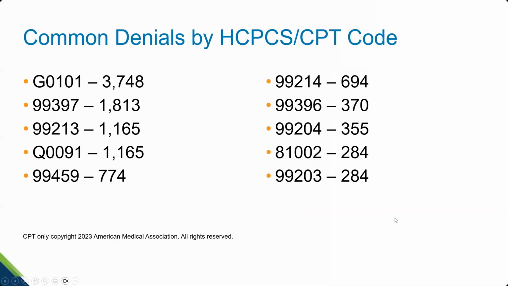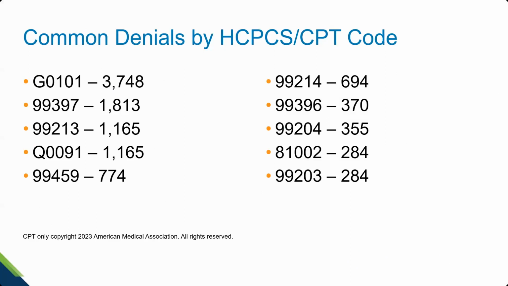All right, here are then the most commonly denied CPT and HCPCS codes for your specialty 16. Hitting the list again, that G0101, Medicare can only pay the screening PEP every 2 years. That's why this claim is denying, its frequency. We're also denying this code because the beneficiary is a Medicare Advantage patient.